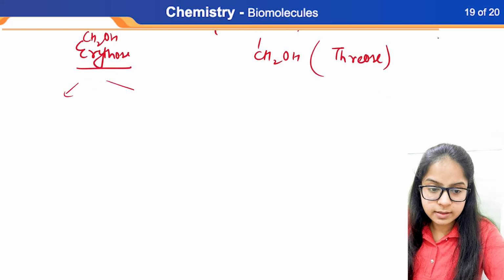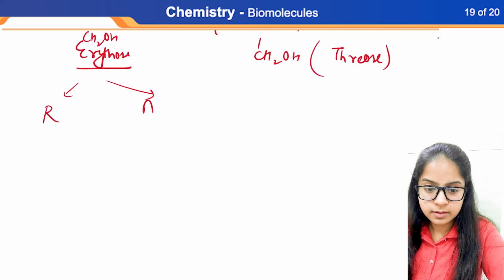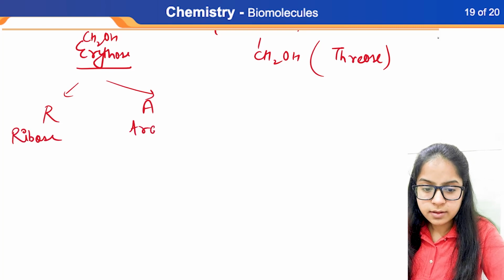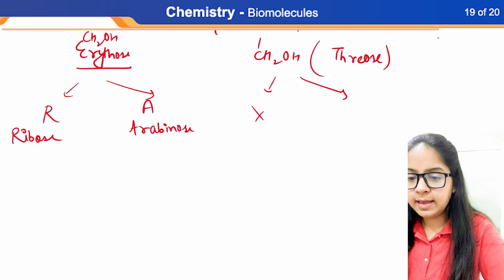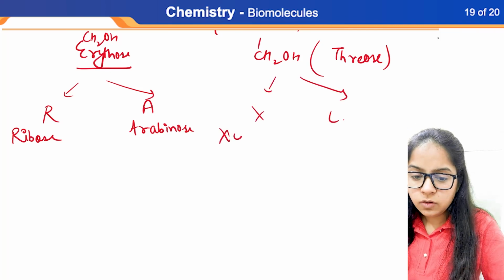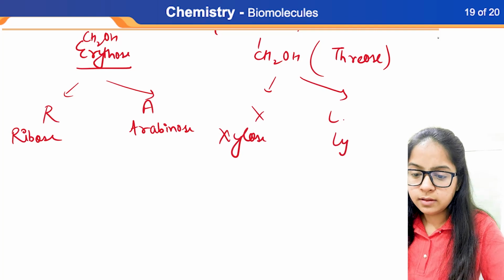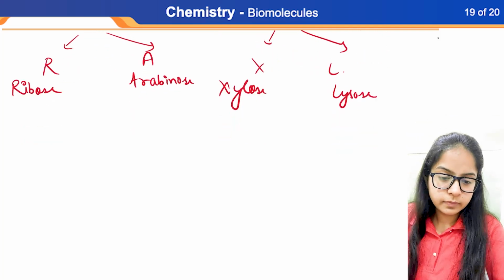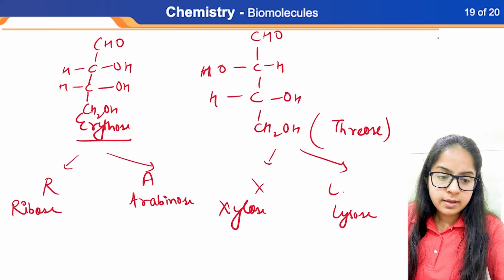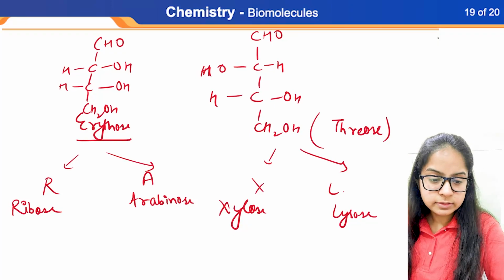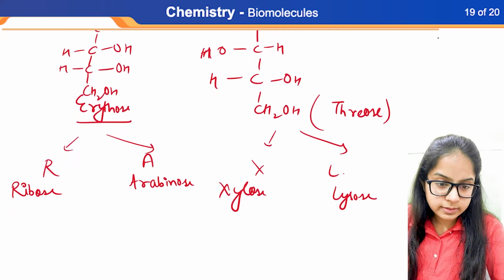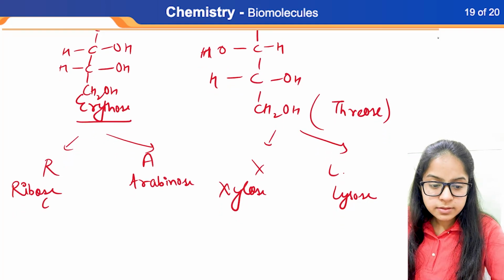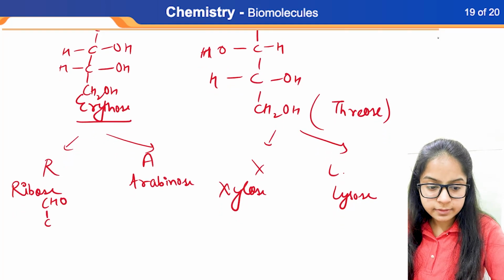Next one is ribose, arabinose, xylose, lyxose. Ribose: OH on the left side, H on the left side, and OH on the right. You just need to increase the chain length.